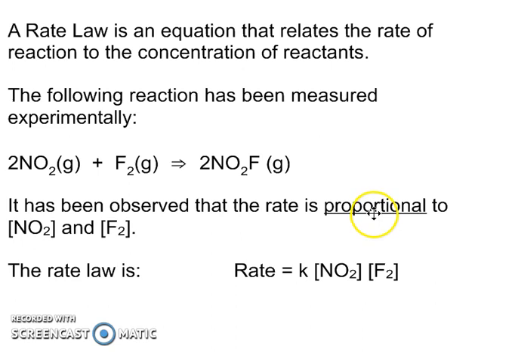And since they said it's also proportional to F2, that means F2 concentration is part of the rate law, also with a 1 as the exponent. Because if I kept everything else the same, and let's say I tripled F2, then the rate would triple. And so our experimental observation that it's proportional allows us to write the rate law with the proper exponents for the concentrations.